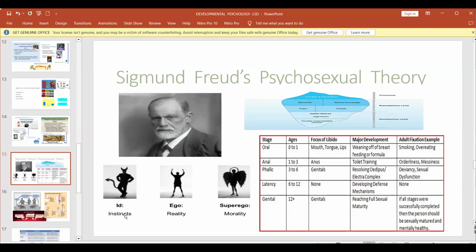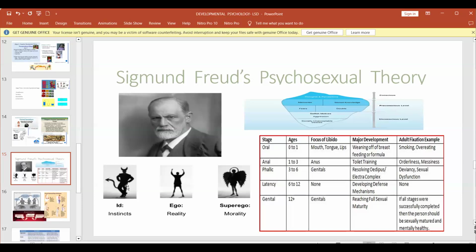That means from birth up to 1 year, you have only the id component of your personality, and the id is driven by the pleasure-seeking principle, the fulfillment of instincts.